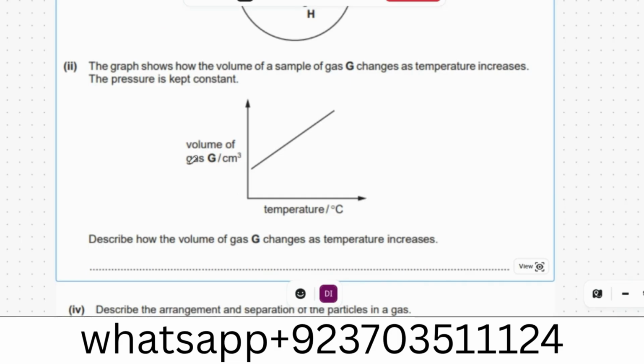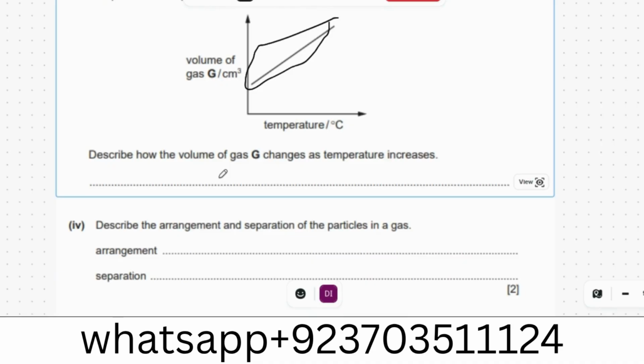As temperature increases, you can see the volume is increasing. Why? Because kinetic energy increases, there will be more collisions, so volume will increase.